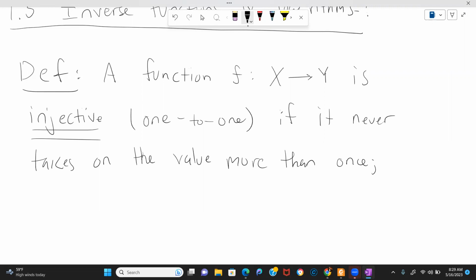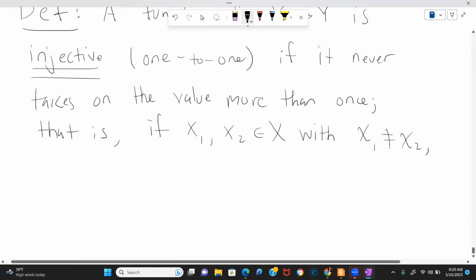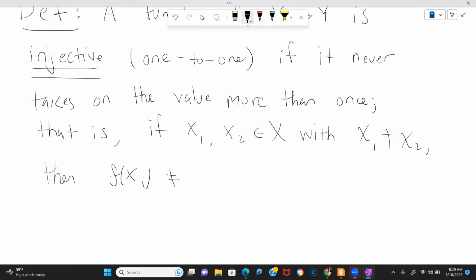And mathematically, what that means is, if x1, say, and x2 are points in x, and they're distinct, so you take two distinct points in the space x, then f of x1 is not the same as f of x2. So in other words, this function can tell the difference between points.